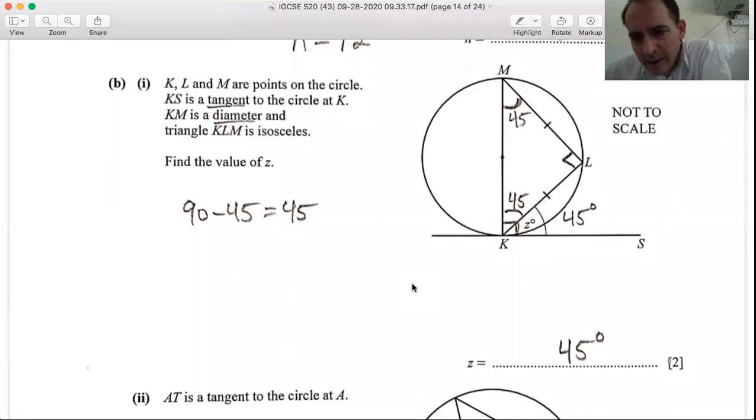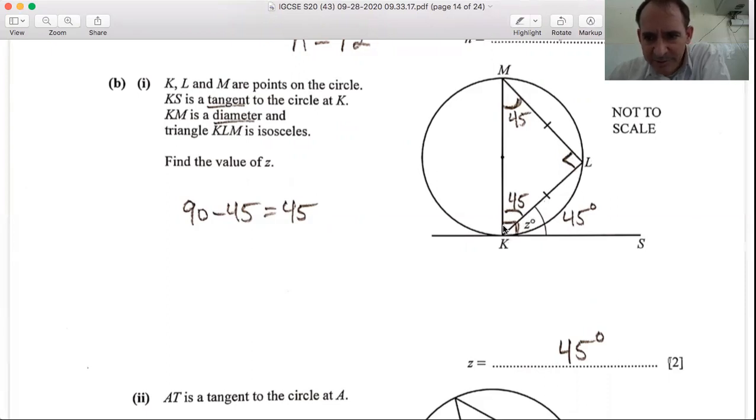Well, one thing that you should know is when you have a tangent to a diameter, it's perpendicular. So that gives us 45 here. Another thing that you can look at is you have an inscribed angle that opens up to the diameter.